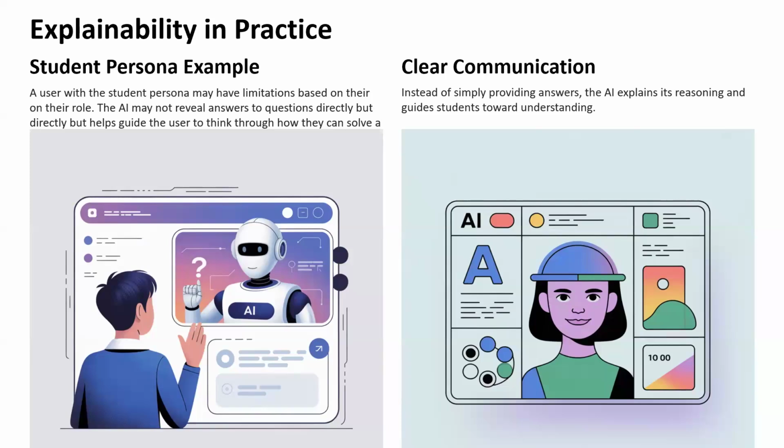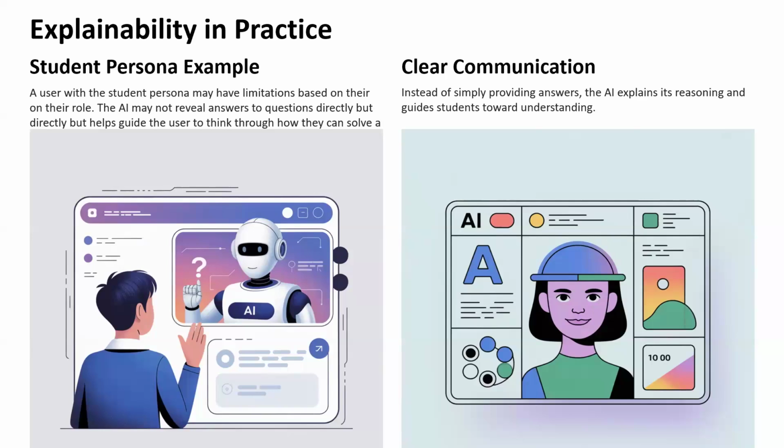It might not provide direct answers, right? But it would help the students understand the thought process so that the student knows how to answer the question themselves. So it's supposed to be a tutor app.